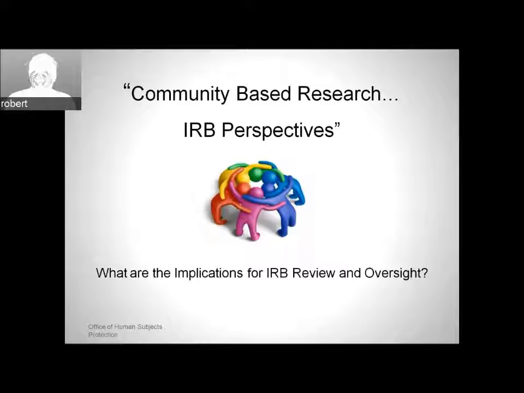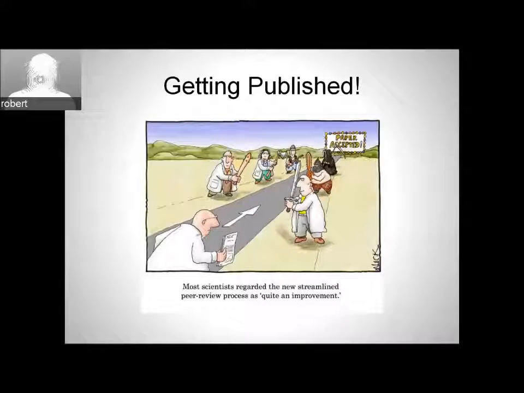One of the most interesting things we ask from an IRB perspective is that scientists should realize the goals are not necessarily the same. Where you might be existing in a publish-or-perish environment, the community is not interested at all in that particular type of engagement. They're interested in how to resolve a problem associated with their community.